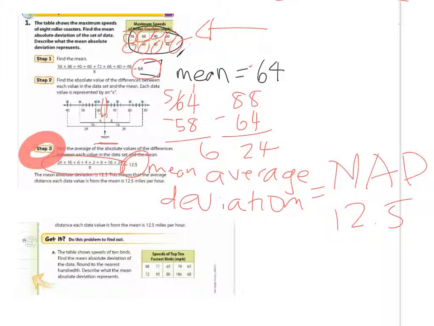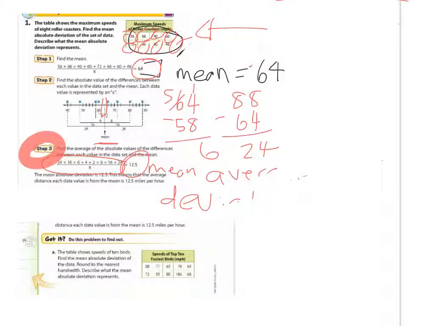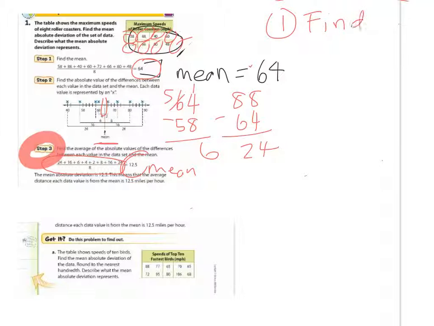So I'm going to have you guys write the steps so you know what you're doing. First, I'm going to erase all this, and I'm going to write the steps up for you real quickly. Right here. And I want you to make sure you guys write these out. So the first thing you're going to do is write 1, find mean, like we always do. That's what we did right here.